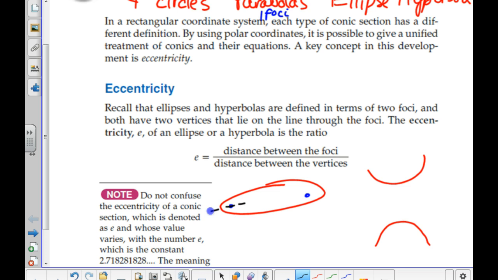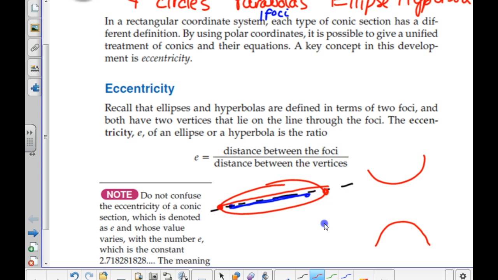And there is some kind of a line that runs through here, and this blue distance is going to be the distance between the foci. And the vertices of an ellipse, we're going to call those at the ends of the major axis the vertices. Okay, and those, the distance between the 2 vertices.